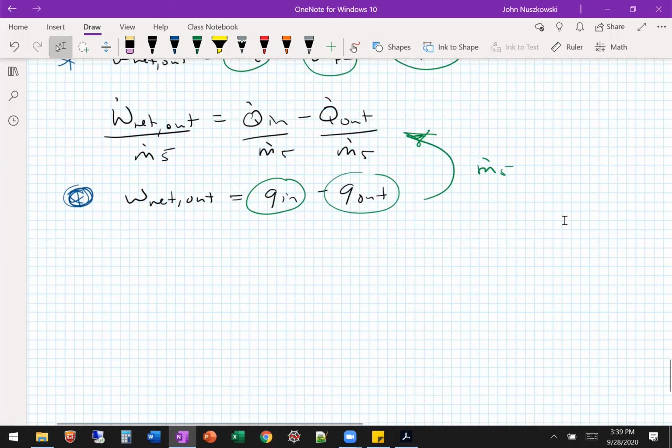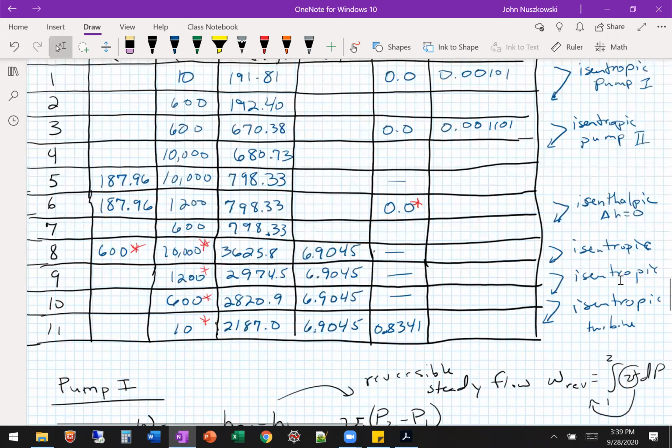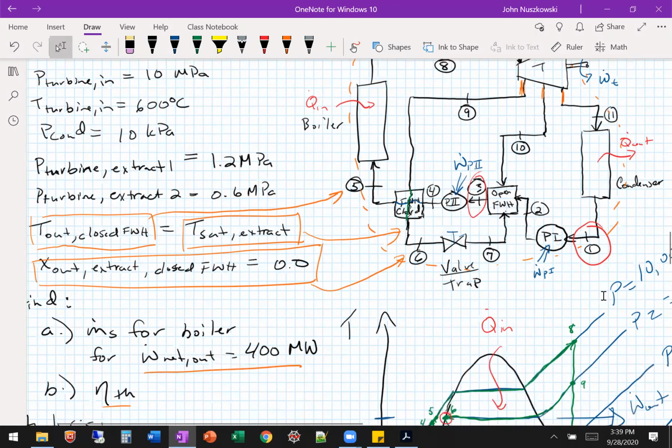So we'll start with the easy one. We need to get Q in and Q out. We'll start with Q in. What do I do to get Q in? We would have to look at 5 to 8. Yeah, so we do our COE of the boiler, right?